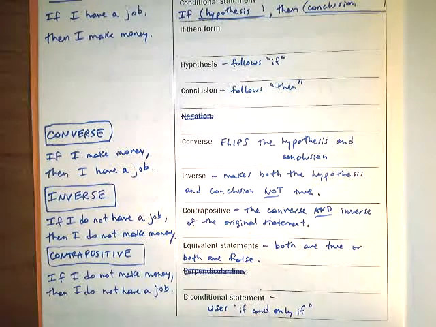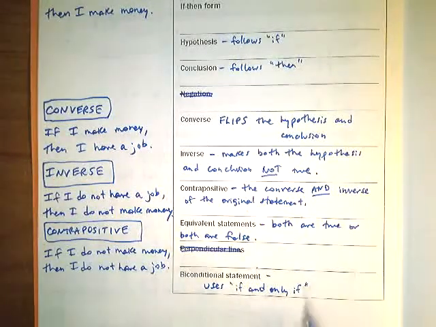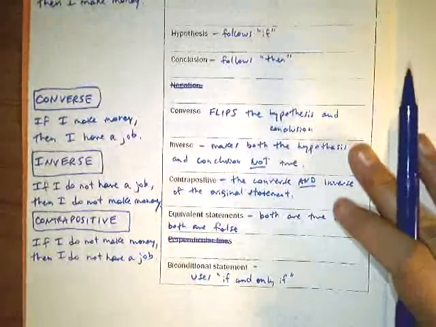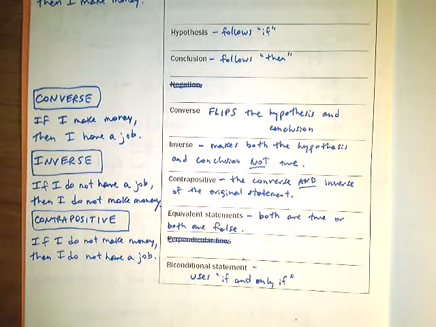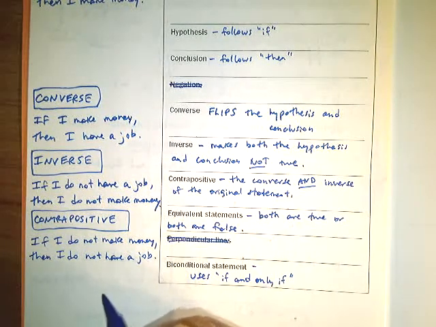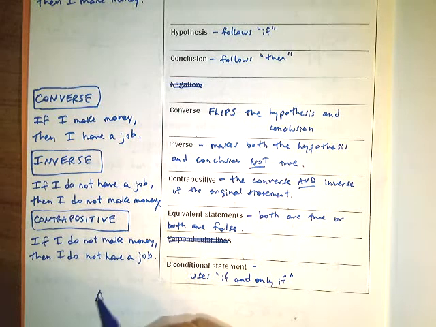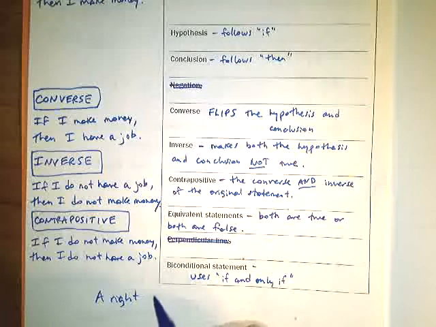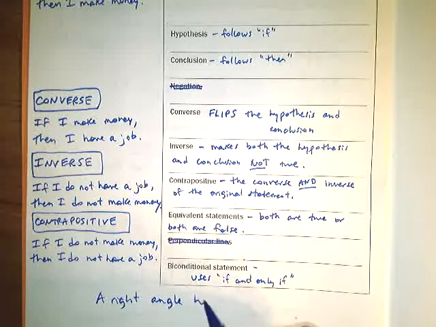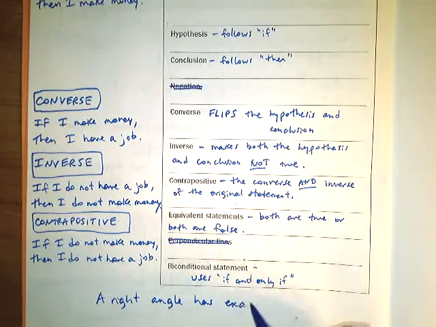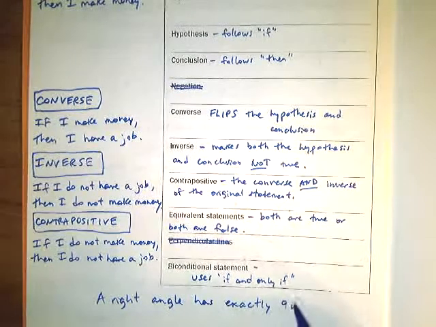Okay. So, the words if and only if. We can make a statement using if and only if when two things have to exist together. For example, let's say we started off with the phrase, a right angle has exactly 90 degrees.